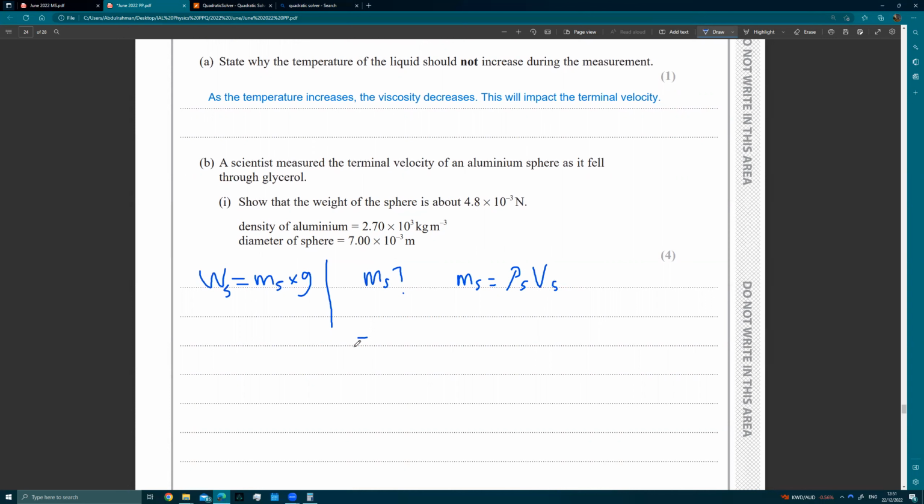So the density is 2.7 times 10 to the 3. The volume, it's a sphere, so it's 4/3 times pi times the radius cubed. It's not giving us the radius, it's giving us the diameter, so you're going to do 7/2 multiplied by 10 to the minus 3, cubed.